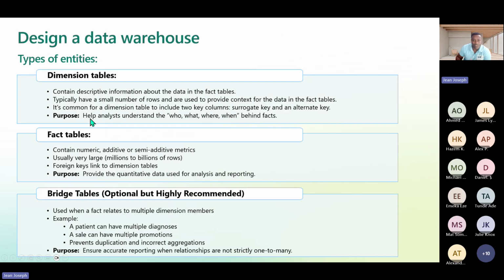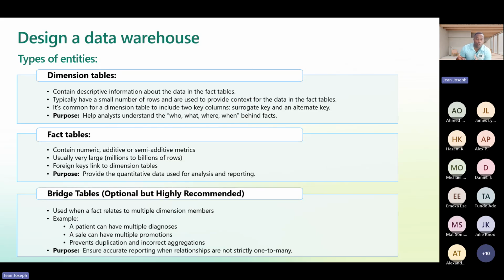But here's the thing. Speaking of data warehouse, it is ideal to understand the entities that are involved, right? In a normal warehouse platform, 80% of the time, we will be dealing with two types of tables. The first one is a dimension. So what exactly are dimensions? Dimensions are the descriptive entities, the ones that allow you to describe the transaction, the measure, or that help you understand who, what, where, when.